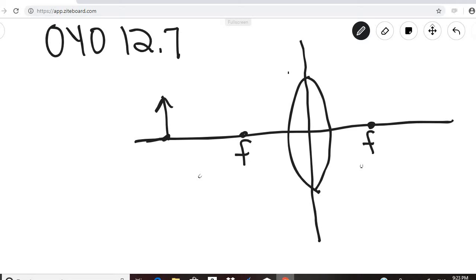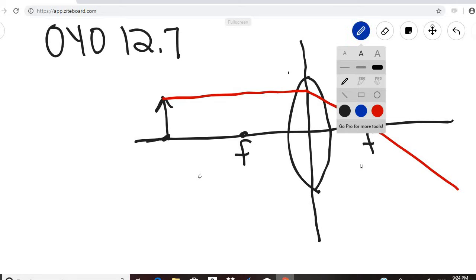Okay, so we know that we'll go red first. So it's going to go in horizontally until it reaches the center of the lens, and then it's going to exit through the focal point.